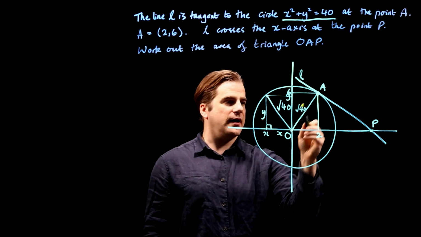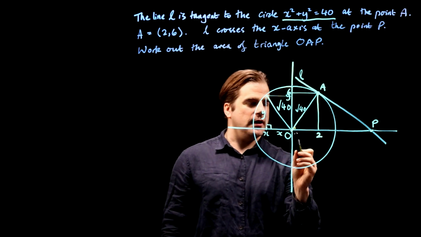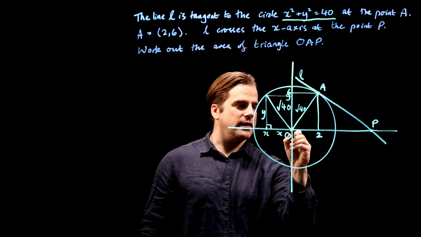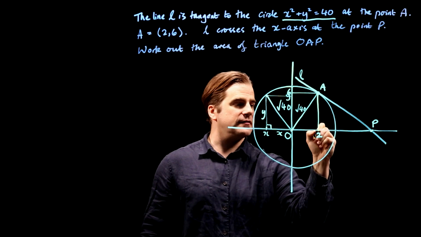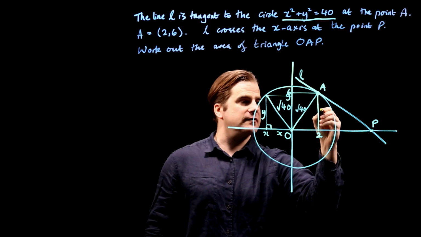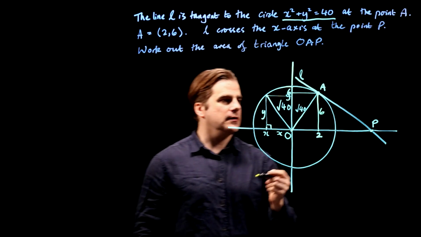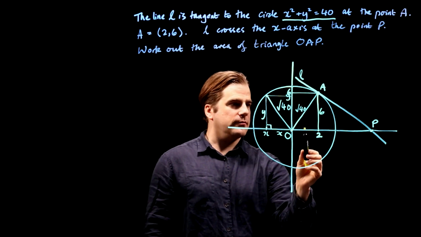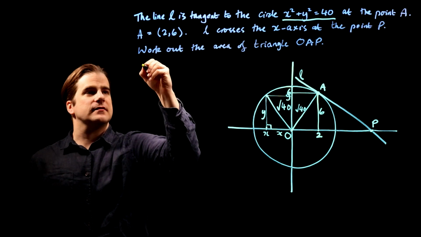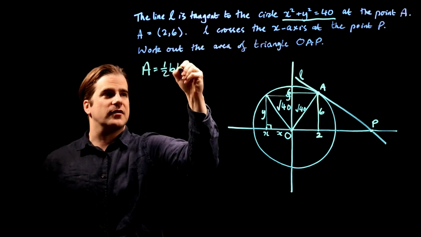So, O to A is root 40, radius of the circle. If we treat O to P as the base of the triangle, then the height is from there to there, which we know is 6. Now, the general formula for the area of a triangle is half times base times height.